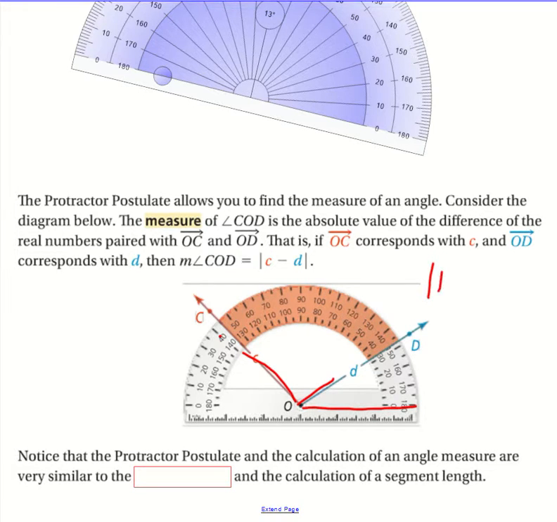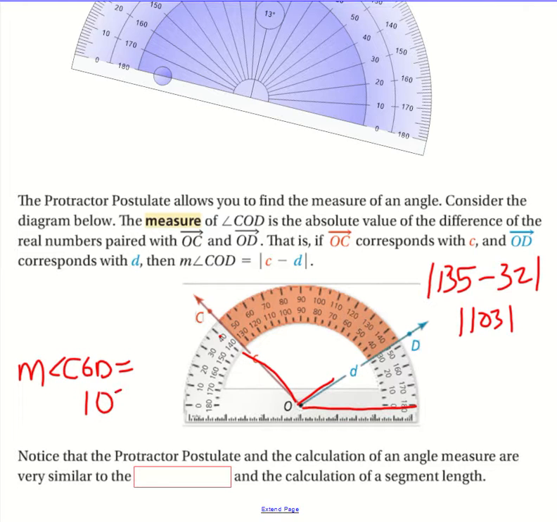The absolute value of 135 minus, well, D looks like it's at about 32. We subtract those two and take the absolute value. It leaves me with an absolute value of 103. That would be the measure of our angle. So we would say that the measure of angle COD equals 103 degrees. And like I said before, remember that this is very similar to the ruler postulate we talked about before.